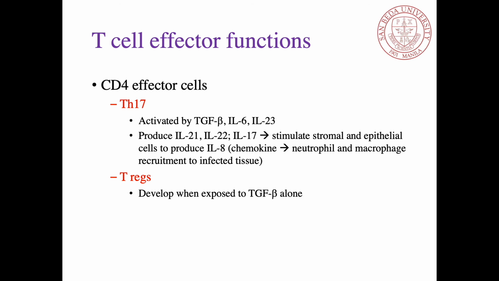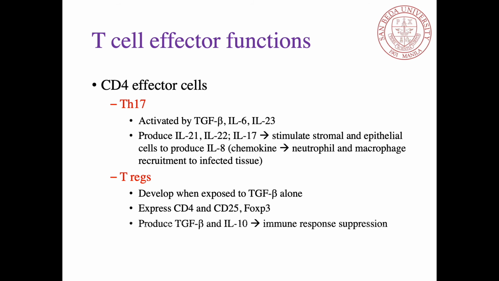The Tregs basically develop when they're exposed to transforming growth factor beta alone, not with the other interleukins that you see in the previous type. These particular Tregs express CD4 and CD25 as well as a cell surface marker called FOXP3, right?